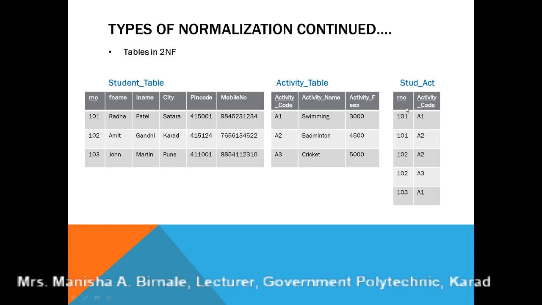And here primary key is composite, but non-prime attributes are not present. This table is having only two attributes and both are prime attributes. So non-prime attribute is not present here, so there is no question of dependency of that non-prime attribute. So this third table is also in second normal form.